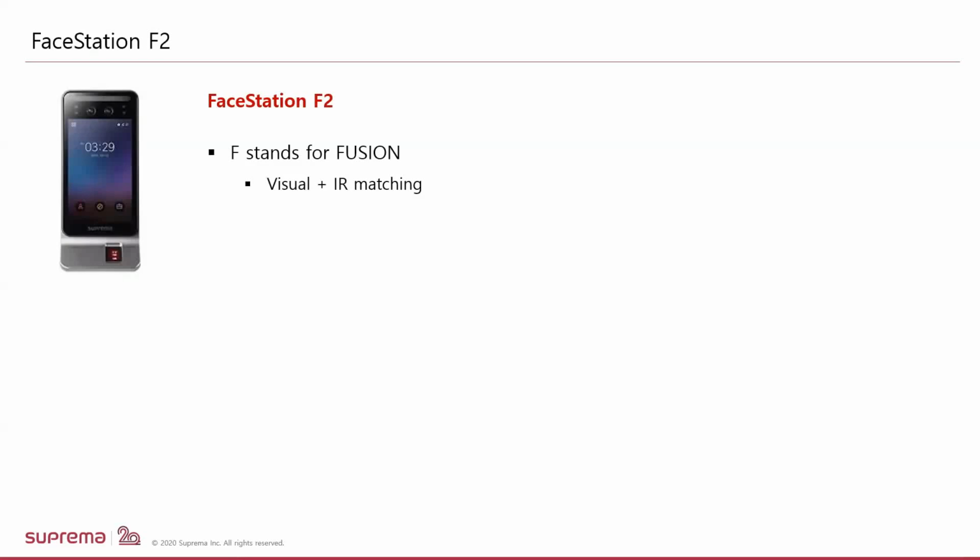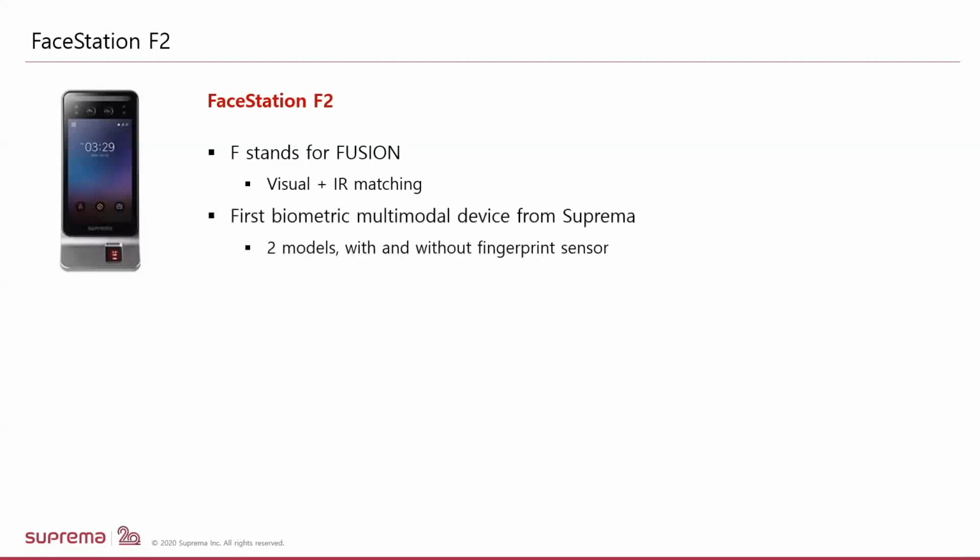You can also think of fusion as standing for the multimodal nature of this device, which has face recognition and a fingerprint sensor at the same time. This is actually the first biometric multimodal device from Suprema.